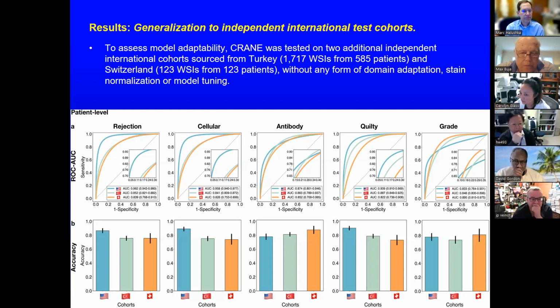Above 0.85 is reasonably good and definitely promising, based on what has already been done in the literature. For overall rejection in the US cohort, you can see this blue line here. The AUC was 0.962, so the algorithm was able to correctly detect the truth at 0.96. That's a very good result.